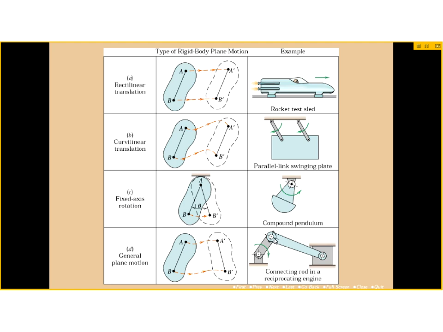But the example here is really that of a connecting rod, the connecting rod connecting the piston with the crankshaft. This connecting rod will be doing general planar motion. It will have a component of rotation and a component of translation as the crankshaft turns and the piston goes up and down.